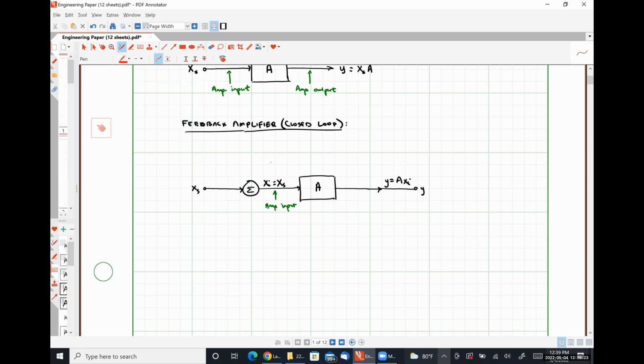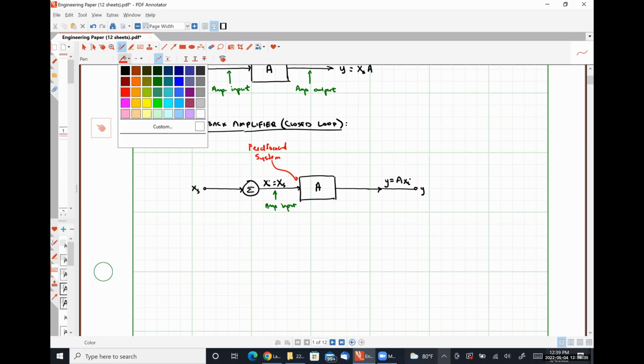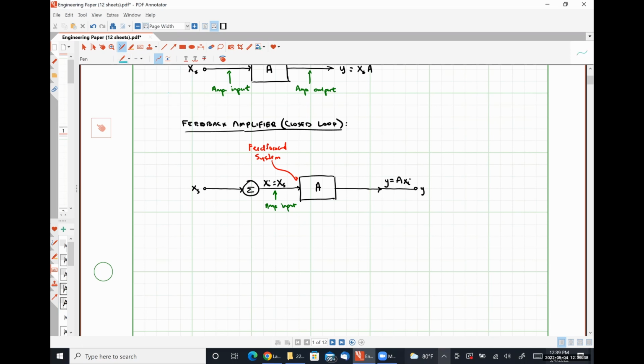Our amplifier is still a feed forward system. And this part still represents our forward path. And this bit right here is still our amp output.